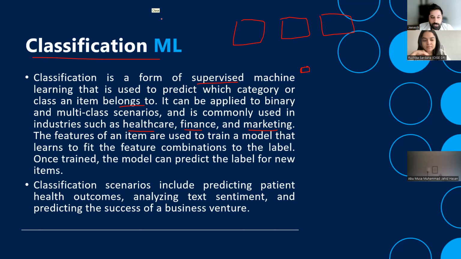Okay. Going forward, classification scenarios include predicting patient health outcomes, analyzing text sentiment, and predicting the success of a business venture. So basically, from the certification standpoint, they will be asking you, is this scenario regression? Is it classification?